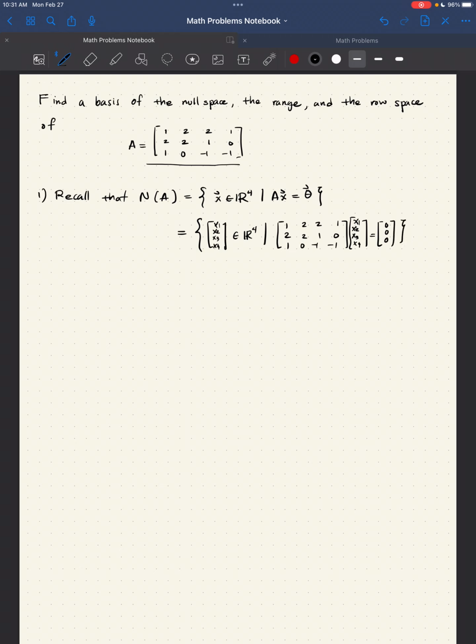Of course, this is nothing else but a system of linear equations, a homogeneous one. And from that one, we can extract an associated augmented matrix.